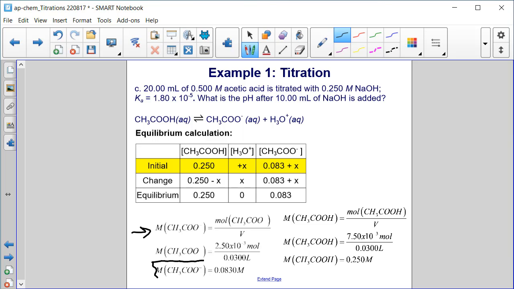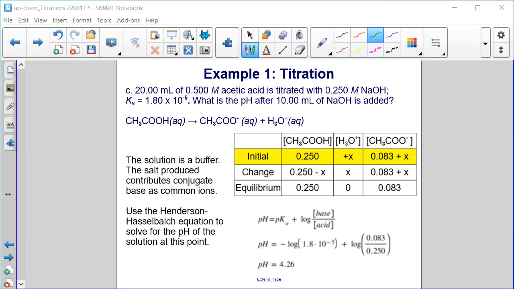So the concentration of the acetate ion at equilibrium is 0.0830 molar. And for the acetic acid, the moles that we calculated were 7.5 times 10 to the minus 3. In 30 milliliters or 0.030 liters, we get 0.250 molar.